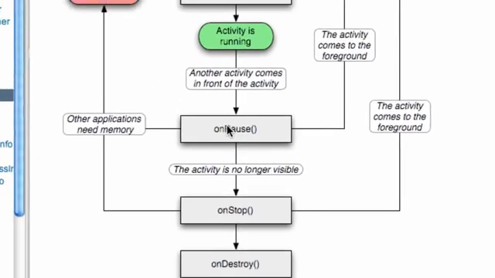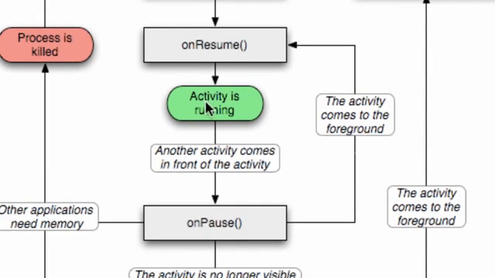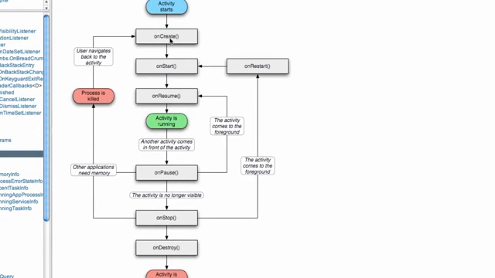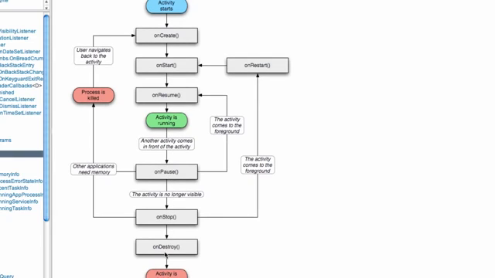And then once our activity gets started back up, it's going to go through this onResume method again before it starts running. So the only method from our activity class that we are familiar with is this onCreate method, but we're going to use some of these other methods as well. The only other two methods that are really important for the most part are this onPause method and this onResume method, because even if our activity gets destroyed, it's going to go through this onPause method before it goes through these other methods.